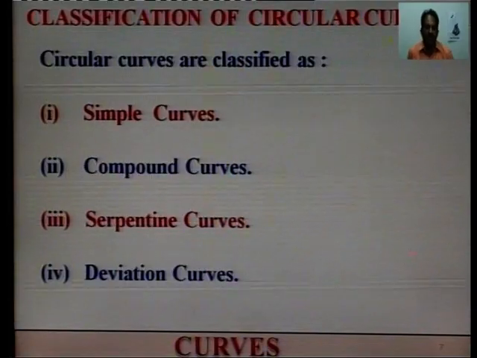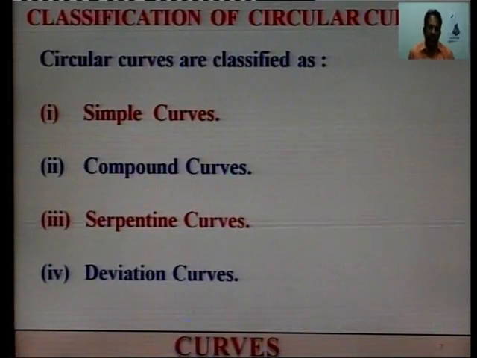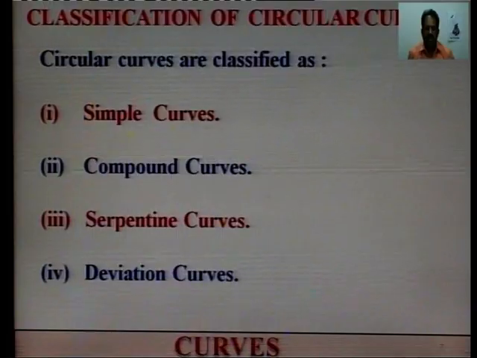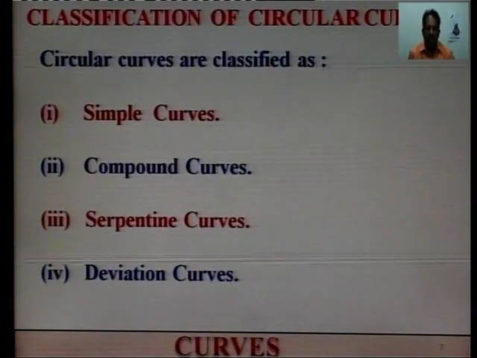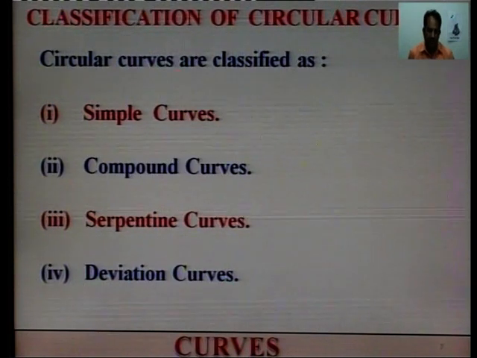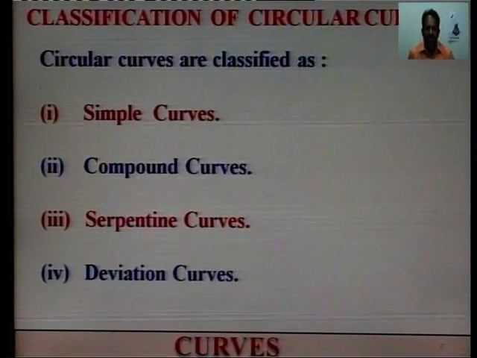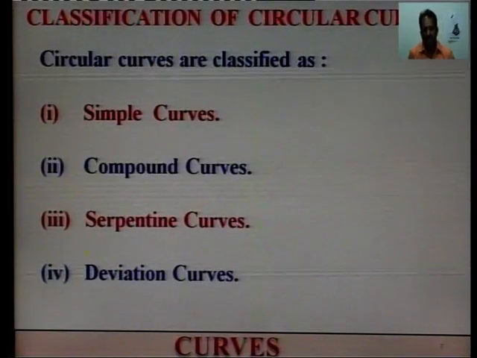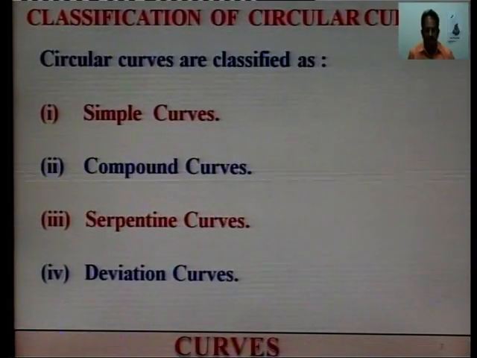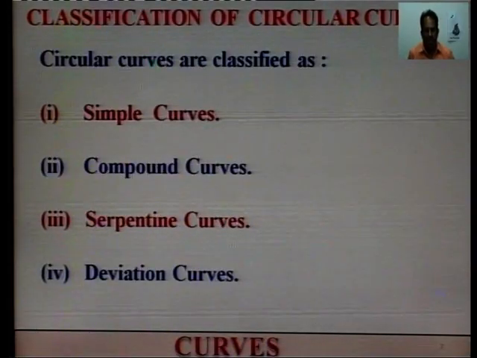So, these are a few reasons why curves are provided. Next is how we classify the curves. Classification of circular curves: circular curves are classified in the following 4 ways. Number 1 is simple circular curves. Second is compound curves.